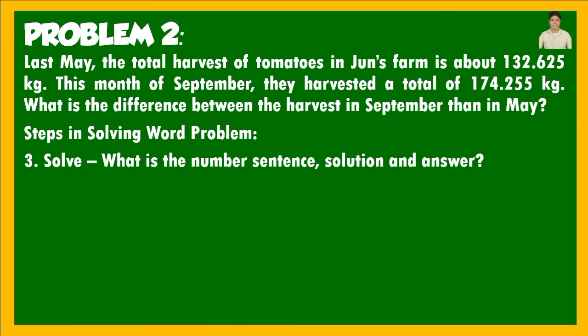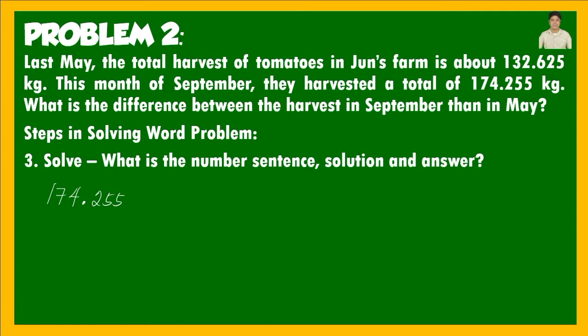Next, what is the number sentence, solution, and answer? Okay, so number sentence natin, syempre, mauuna muna yung 174.255 or pwede natin siyang basahin as 174 and 255 thousandths kilograms. So, pwede rin naman yung 174.255 kilograms.